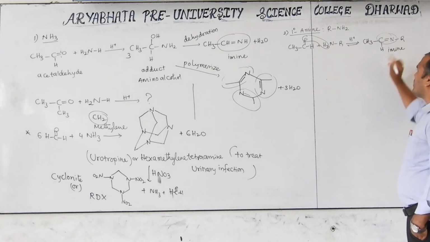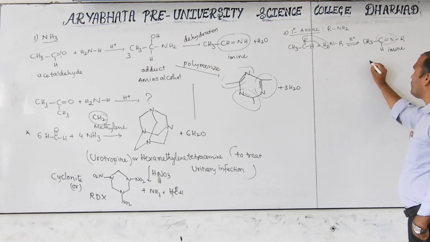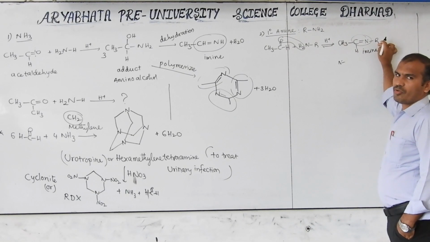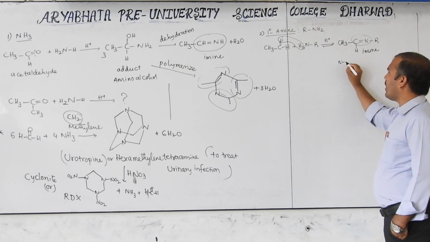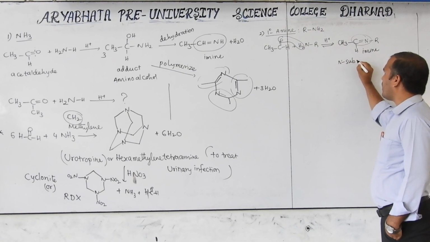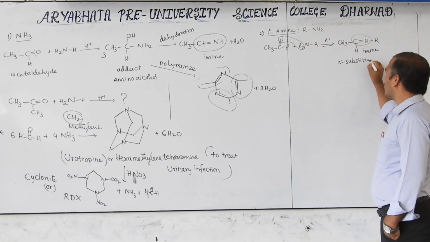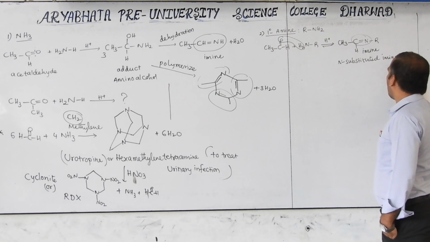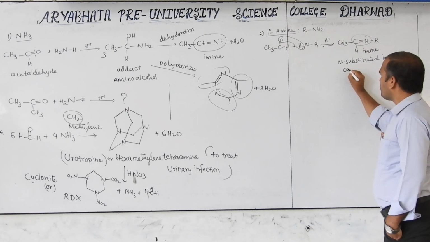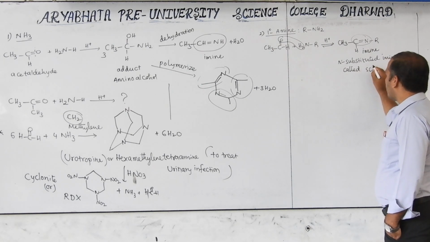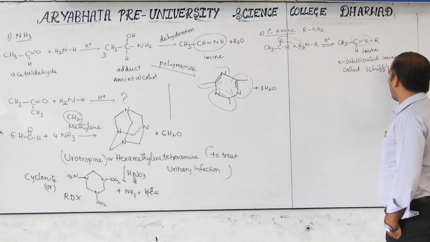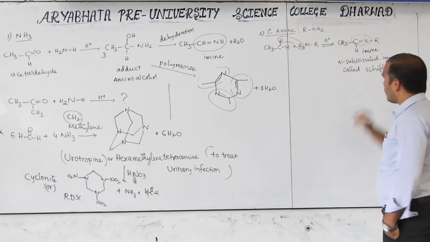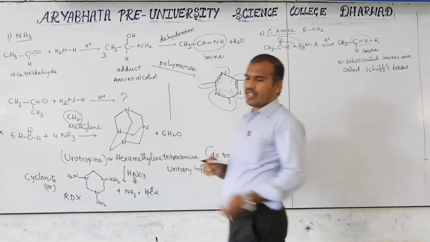These are N-substituted imines. This is substitution. R is a methyl group or ethyl, whatever it is. N-substituted imines are called Schiff's bases. Very important for the complete exam purpose.